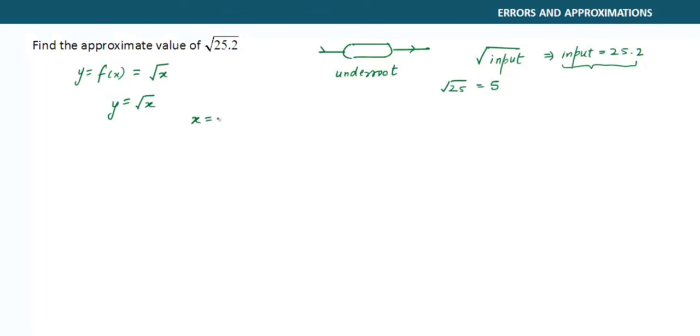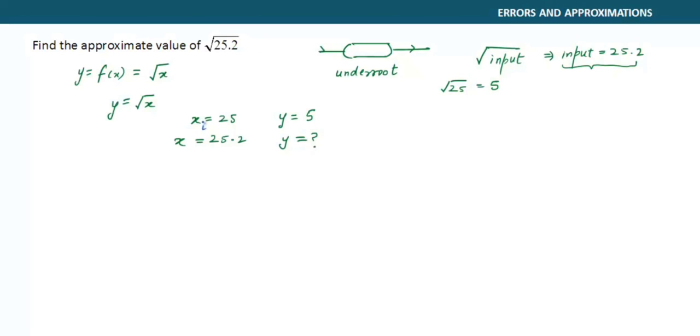This is a machine which is working as root x. If I put x equal to 25, I know the answer will come out to be 5, but you want to put x equal to 25.2 and then find the value of y. So how do we change this problem in the approximate case?